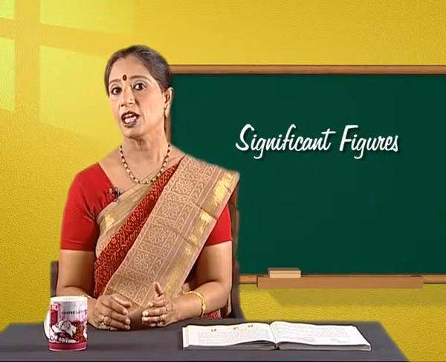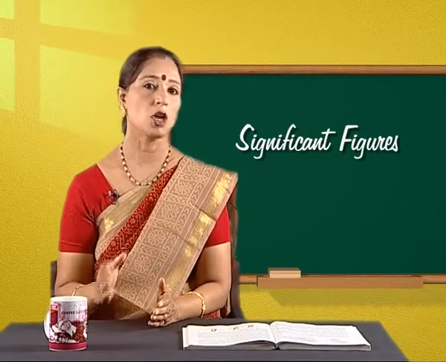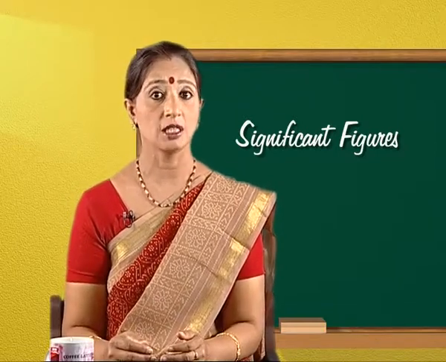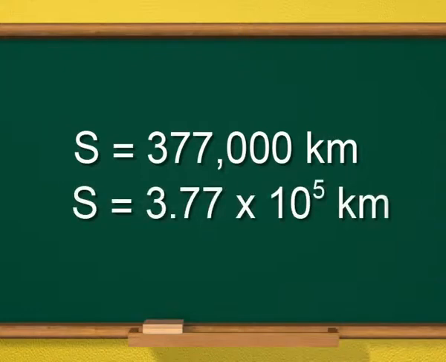However, when we use different systems of notation, this is not always the case. Let us write the average distance from the Earth to the Moon as S, which is equal to 377,000 kilometers or 3.77 × 10^5 kilometers.